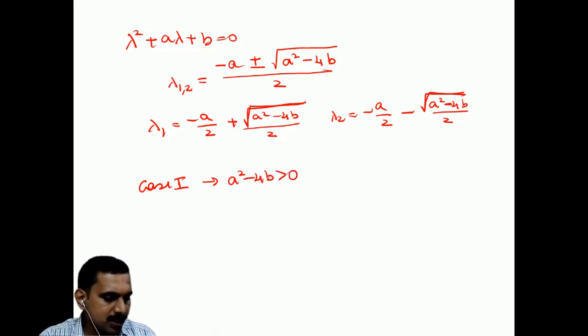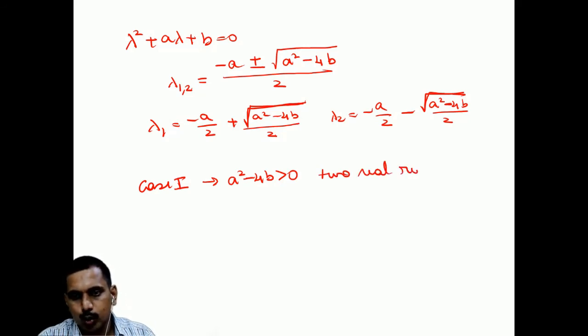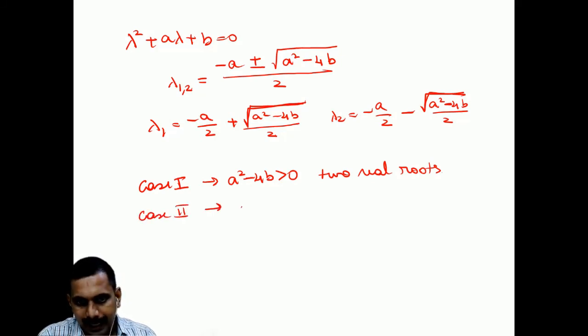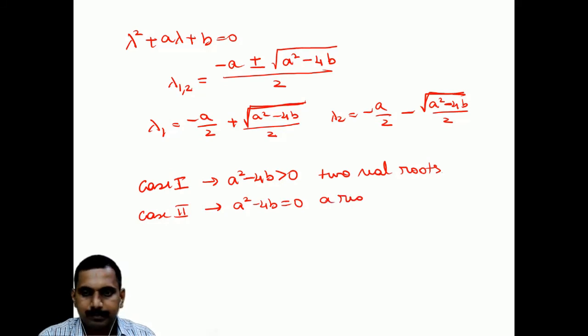What we have is two real roots. Case 2 is when a square minus 4b is equal to 0. What we have is a real double root.